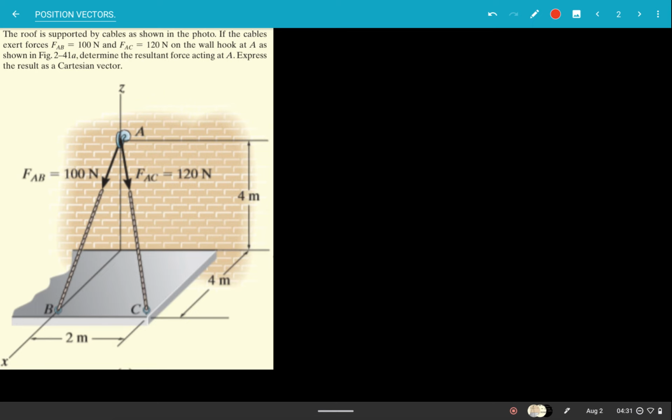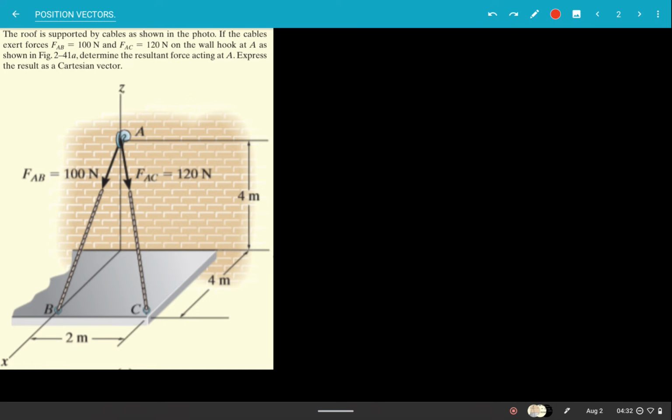If the cables exert forces AB, this one here, which is 100 newtons, and force AC, which is 120 newtons here, on the wall hook at A, as shown in the figure, determine the resultant force acting at A. Express the resultant as a Cartesian vector.